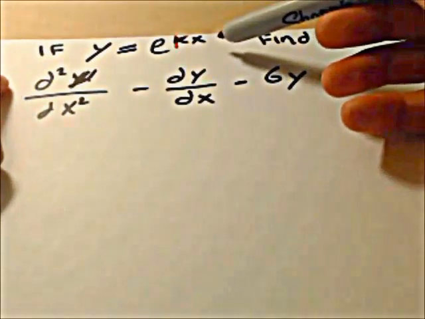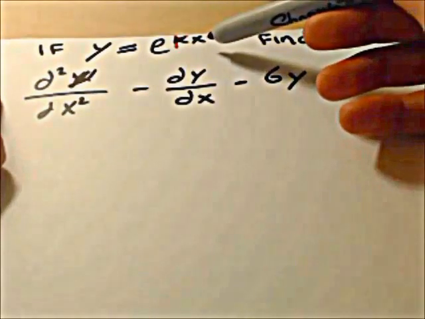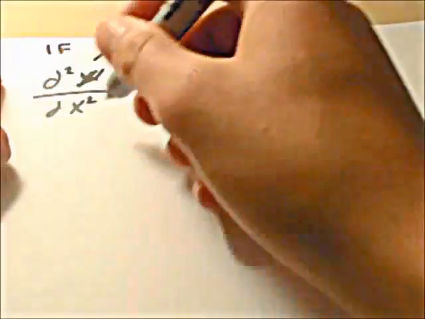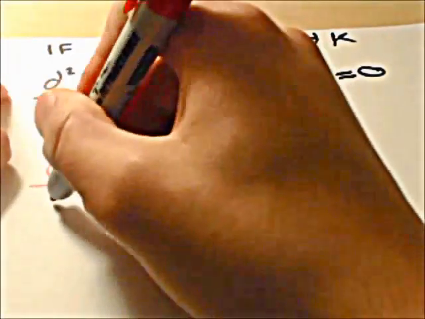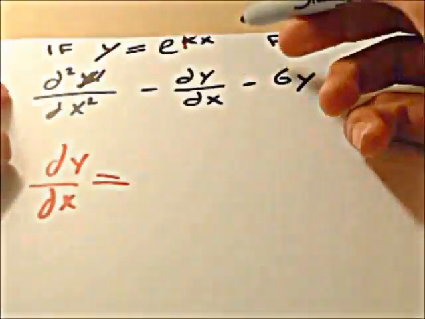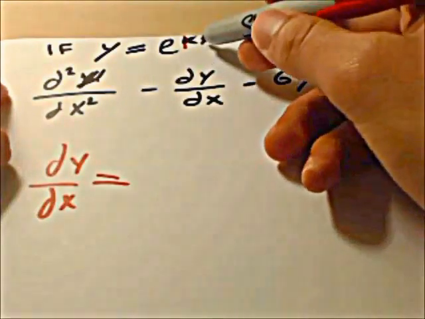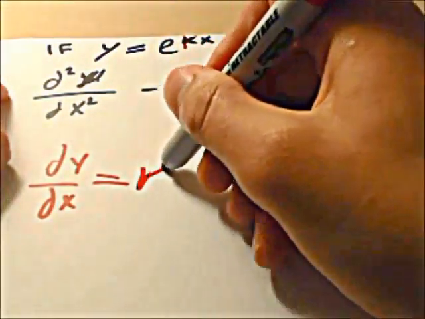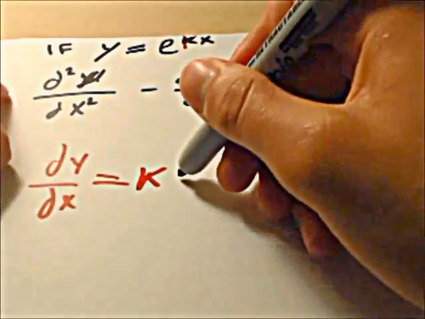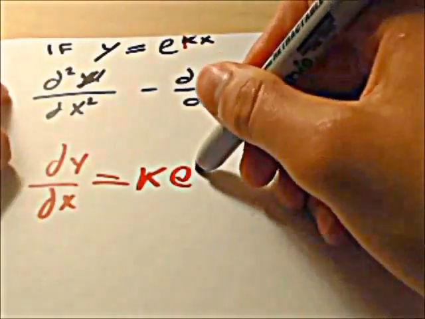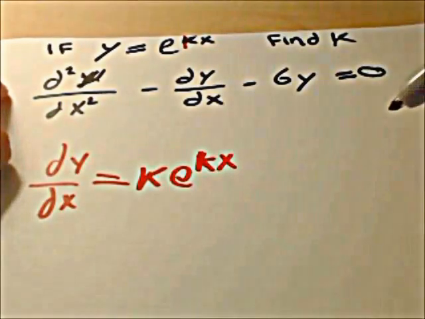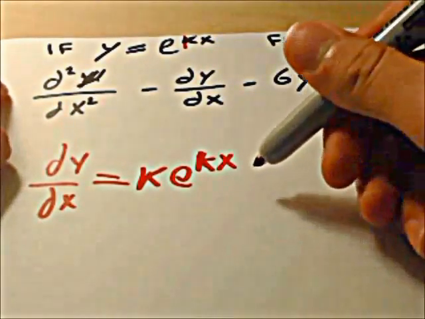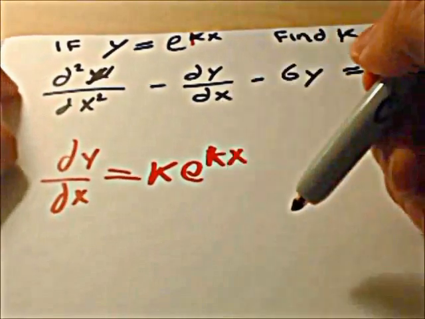We can differentiate it with respect to x. So if we differentiate y equals e to the power kx with respect to x, we'll get dy dx equals k e to the power kx, because k is just like a constant. Sorry, handwriting's a bit messy. Now let's take the second derivative of it.